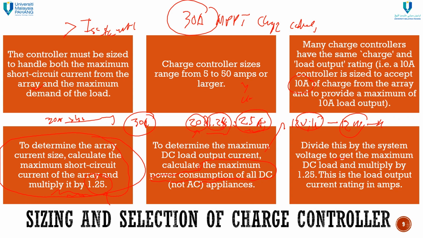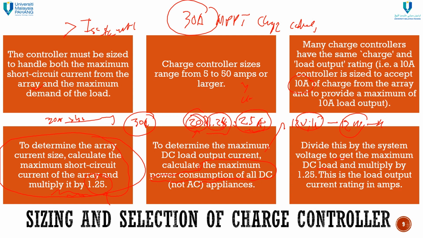Okay, multiply again with the 1.25, then we have that margin. So that we don't use exactly 20 amps. If our load is 20 amps too, we don't consider 20 amps, we multiply with 1.25 extra, 25% extra.